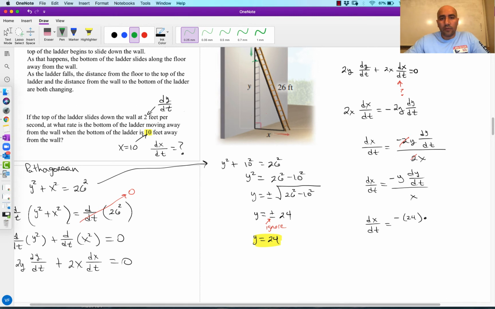In other words, it used to be 24 feet high, and then it's going to go to 23 feet, and then 22 feet, as it slides down. So this value is decreasing. So we say that dy/dt is going to be negative 2. That's important to note, the sign does matter.